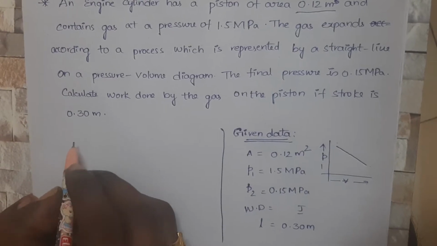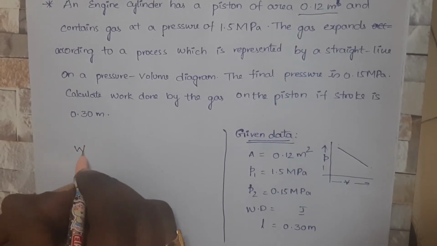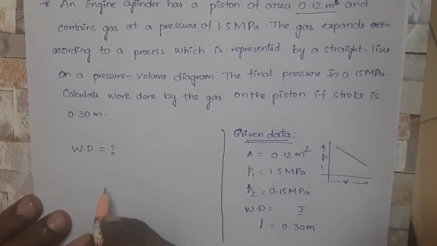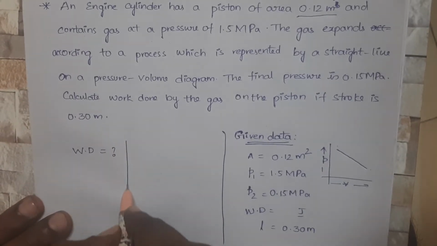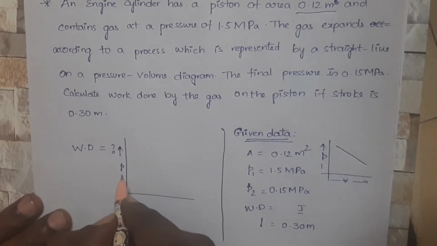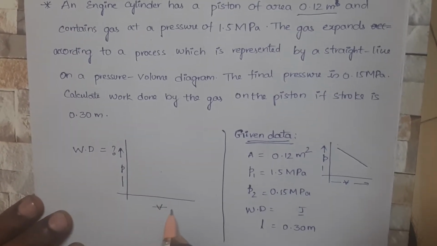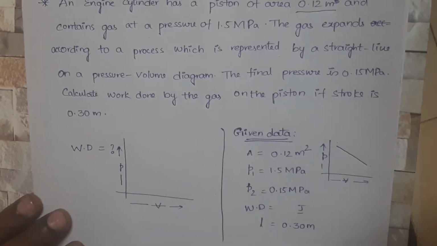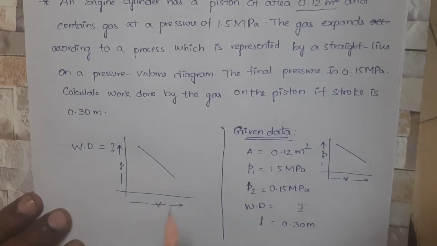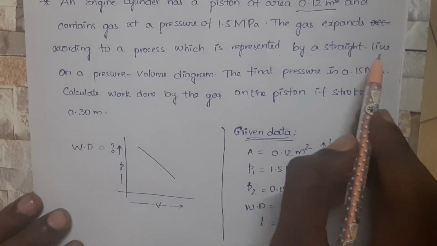The final target is to calculate the work done for the gas. If this is a PV diagram, the gas is following a straight line process like this.